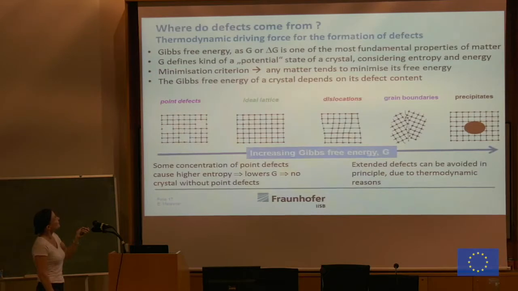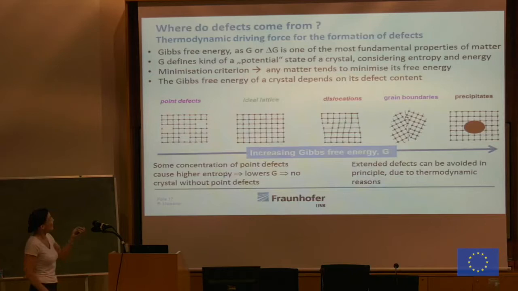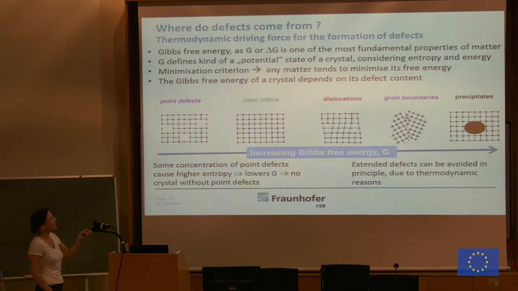This defines a kind of potential state for a crystal if we consider thermodynamic units like the entropy and the total energy of the system. And we have the minimization criterion, which you already heard from Jav. It means that any matter tends to minimize its free energy. And this is what a crystal does, using a dislocation. It's nothing else that a crystal does.